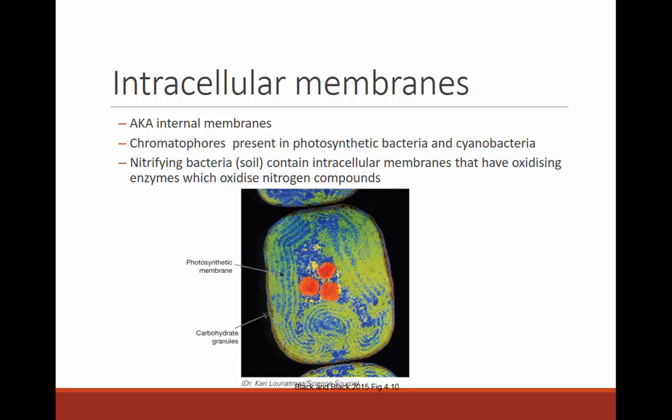And with some of those intracellular membranes, there's a number of changes in them, and so they are associated with chromatophores, and that's where you find them in photosynthetic bacteria and cyanobacteria, for example, and they use the sunlight and photosynthesis to grow, to produce their nutrients.